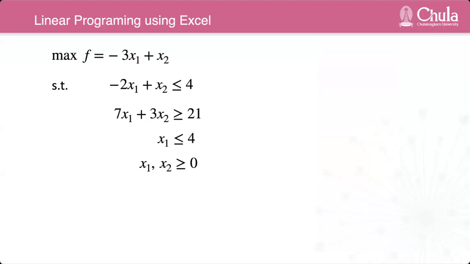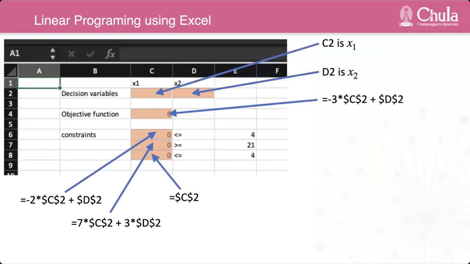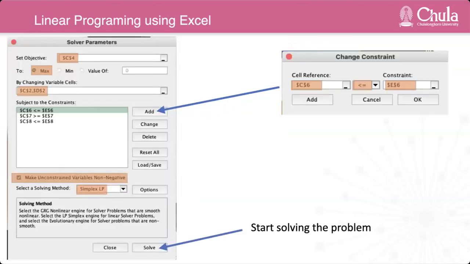You just define the objective function, which is a function of the decision variables, and you define the constraints, right? And then from the solver parameters, you define the objective, minimize or maximize. But for this one, I recommend you to use OpenSolver, right?